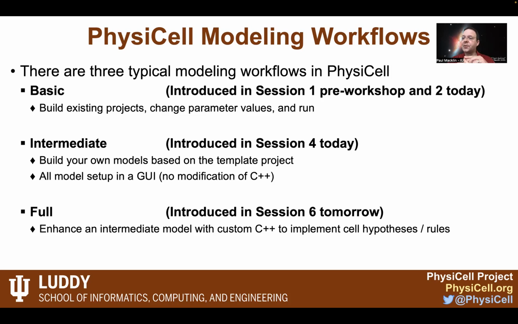And you'll see we now have a built-in studio option where you can run and visualize the results right there in the graphical model builder. So by the intermediate session, you can build fairly sophisticated, intermediate-level models that have even basic interactions like predation without having to write any C++.